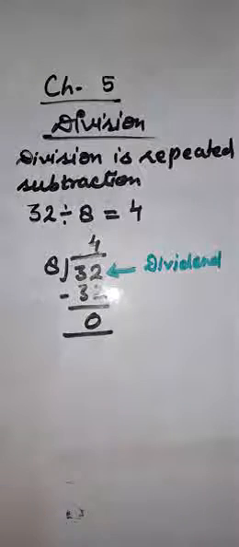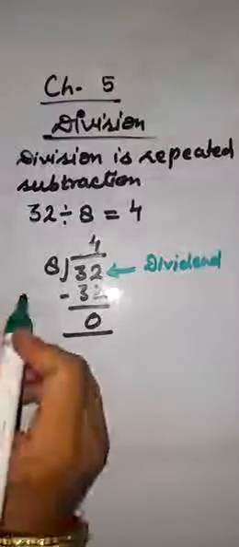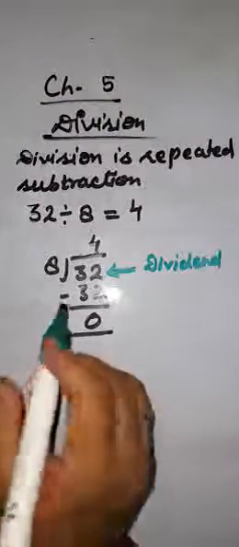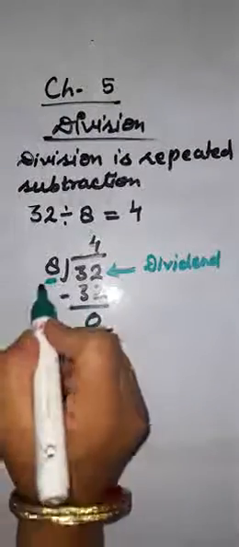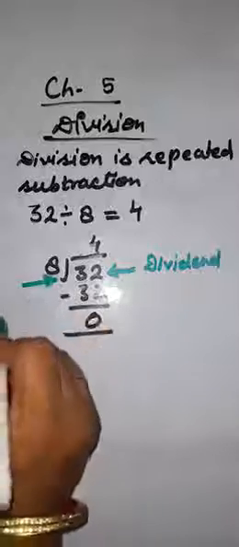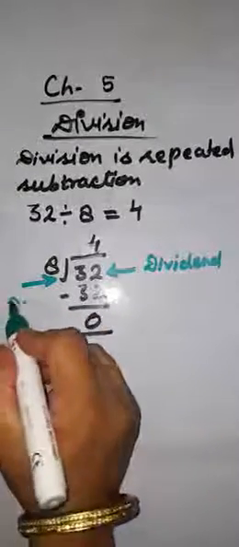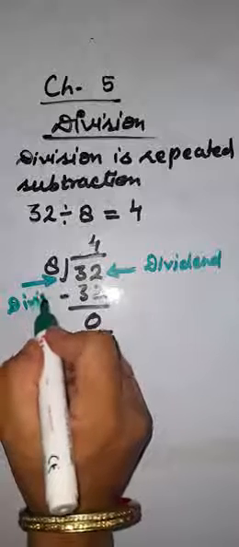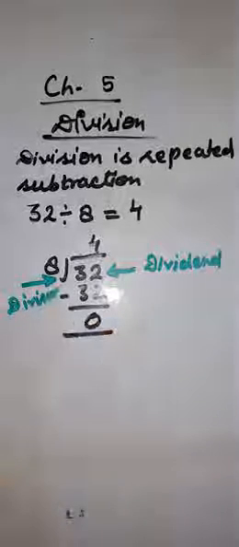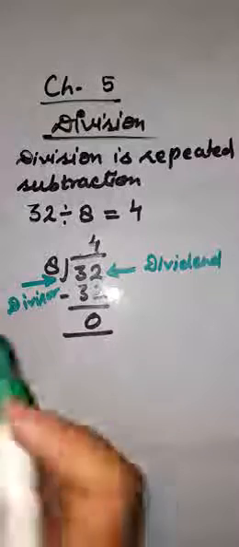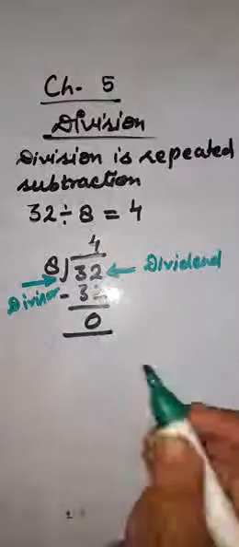And the number by which we divide is called the divisor. And the result obtained on division is called the quotient. The answer, it means the result obtained.